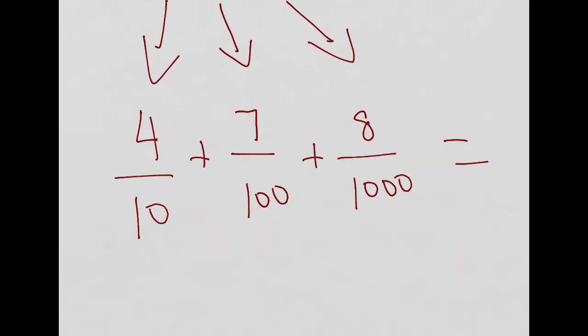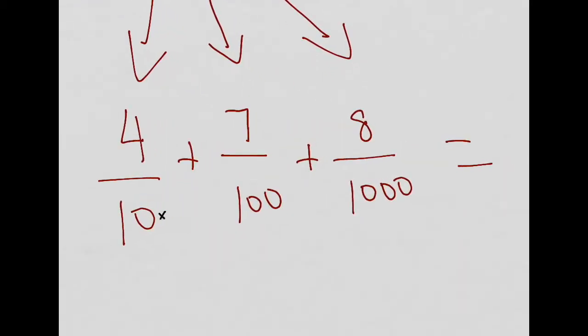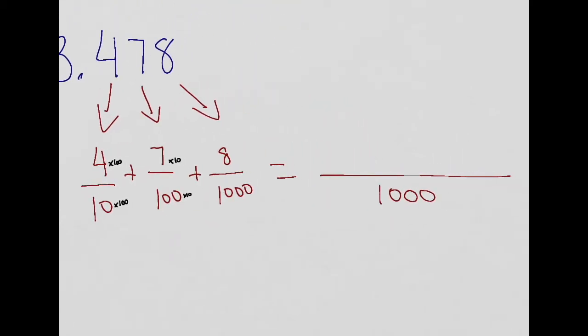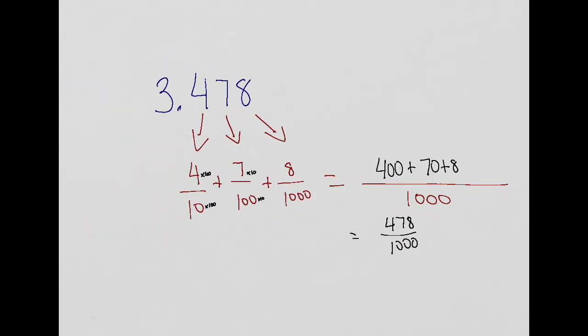For this one here, you would have to multiply by 100 to get to 1,000. This would need to multiply by 10 to get to 1,000. And the last one will obviously stay the same because it is 1,000. So you would have 400 plus 70 plus 8, which gives you a grand total of 478 over 1,000, which is the number over here. And the 3 simply is the number 3.